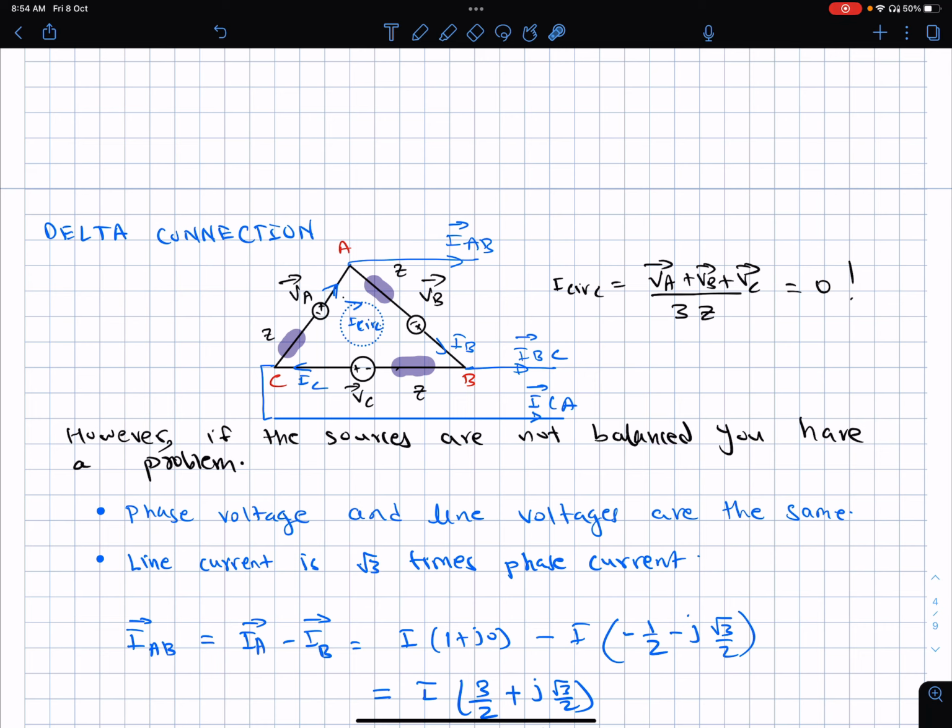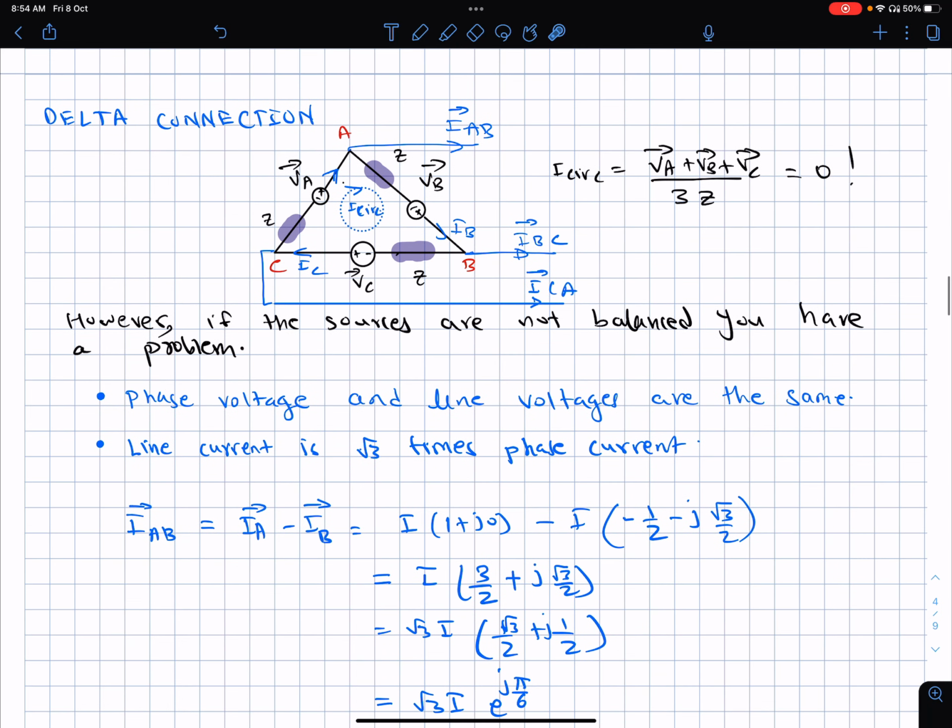In this particular case, you would find that the line current is going to be root 3 times the phase current. So let me show you that. This time, instead of doing it from geometry, I am going to do it from algebra.